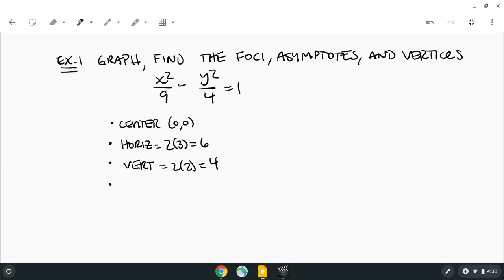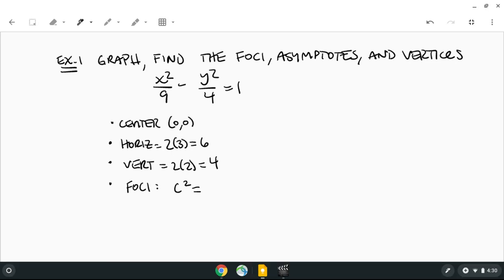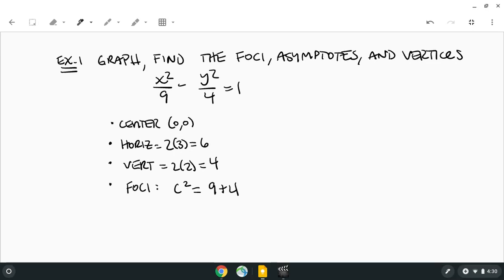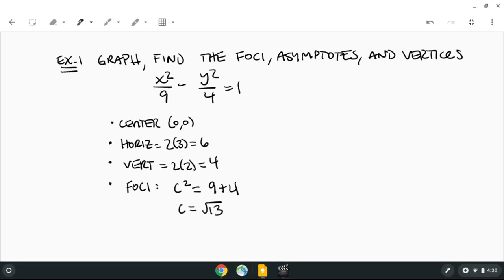Okay. The foci, so we're going to find C squared. So C squared is equal to 9 plus 4. So C equals the square root of 13. Okay.